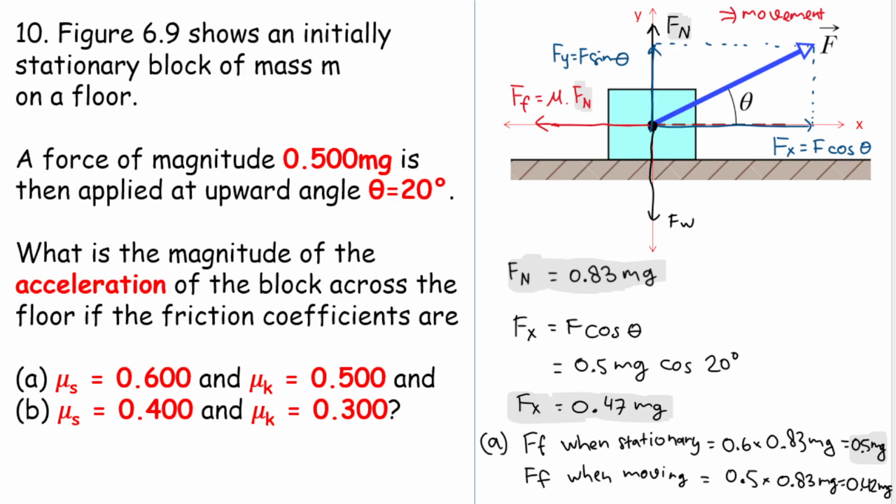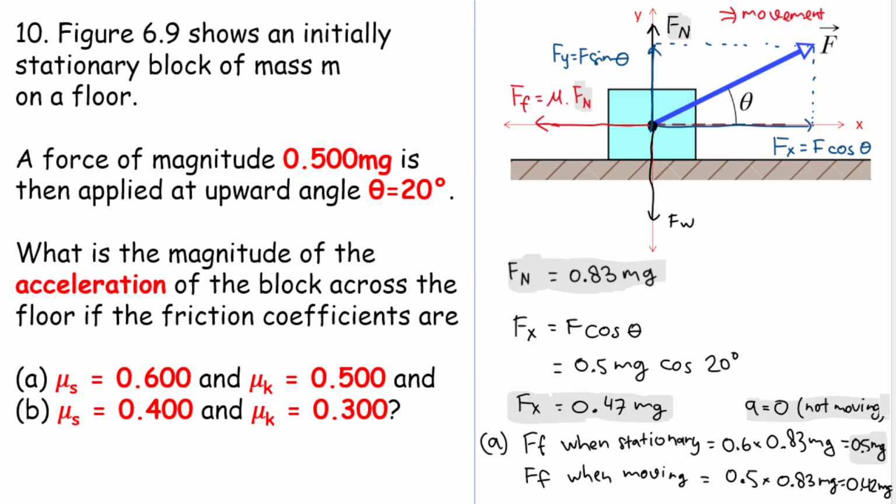So for question A, the acceleration will be equal to 0, right? Because the block is not moving, because this Fx here cannot overpower this frictional force. So that will be 0. That is the answer for question A.